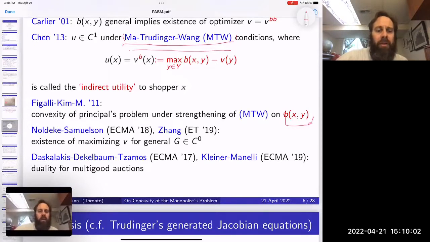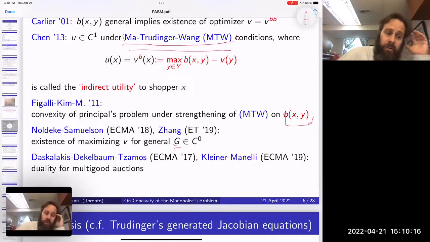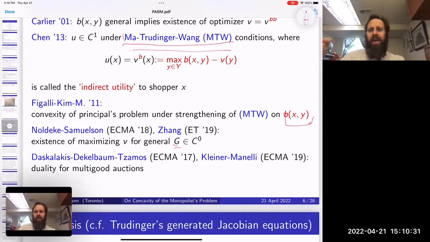So in parallel with Zhang's thesis, two economists, Noldeke and Samuelson, gave an existence result moving beyond the quasi-linear model to direct utilities, which can depend in a non-linear way on price. And I should also mention, regarding work in progress, there's another related problem in mechanism design where you're trying to auction off goods to a field of potential buyers, and they all have different valuations for the good, or maybe probability measures for how likely they are to value the good highly.